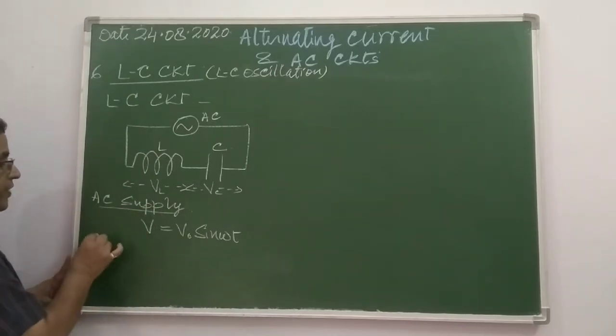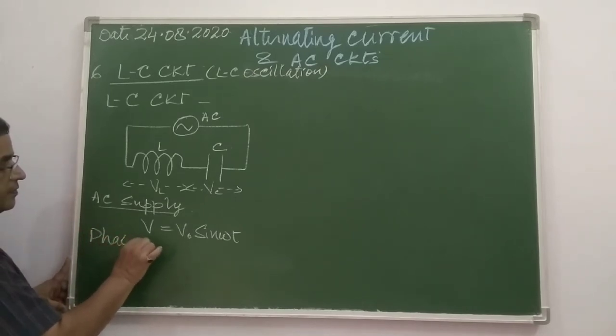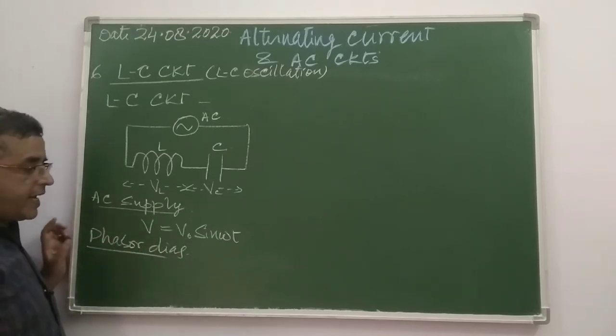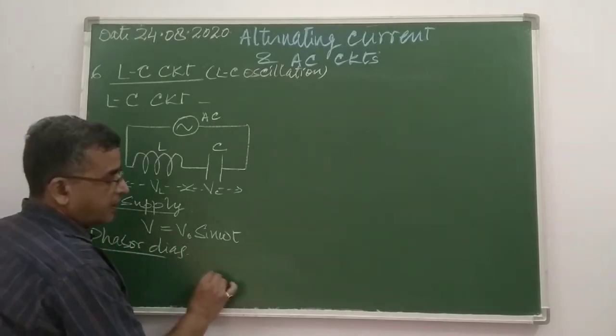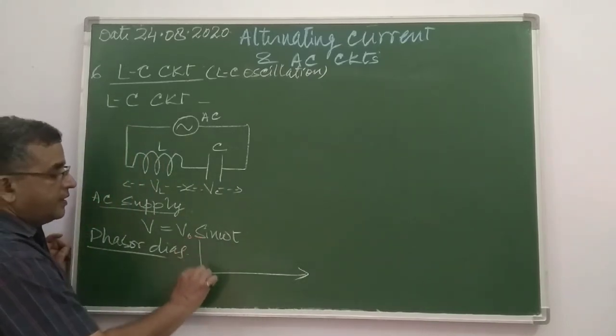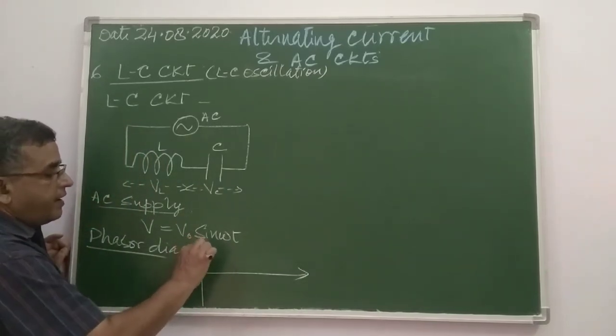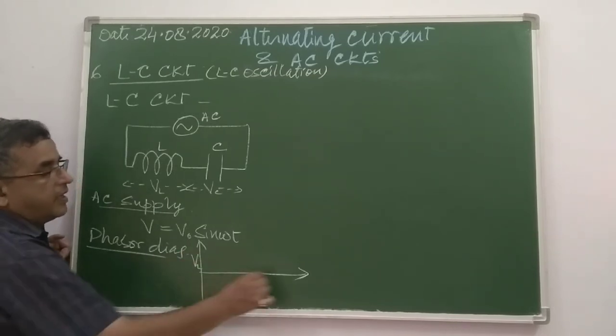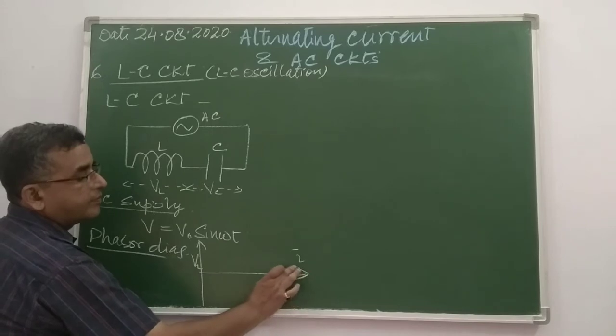Now the phasor diagram. In this phasor diagram, this is the direction of current. This is, say, voltage VL. This is current.